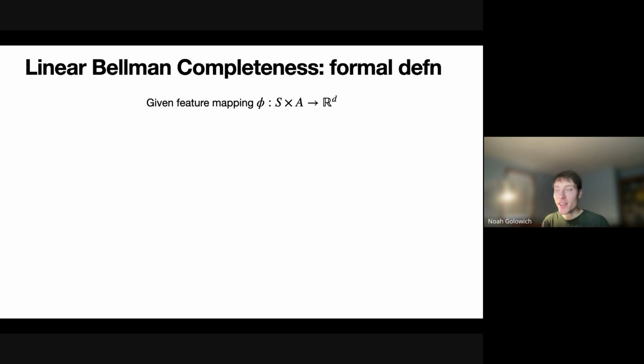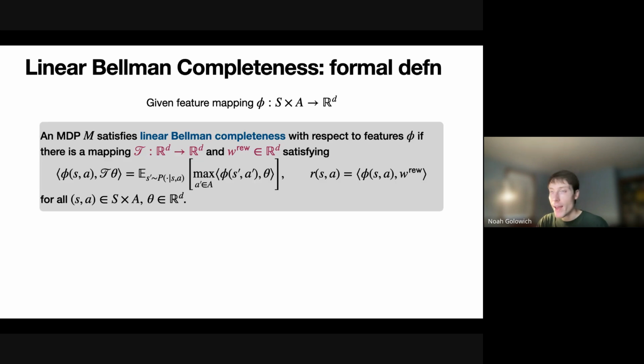Let me now condense the definition of linear Bellman completeness and give a more formal and precise definition of it. So as I mentioned, we're given some feature mapping phi, mapping from state action pairs to d-dimensional vectors. And we say that an MDP M satisfies linear Bellman completeness with respect to the features phi if there's a mapping T from R^d to R^d, which satisfies the following requirement.